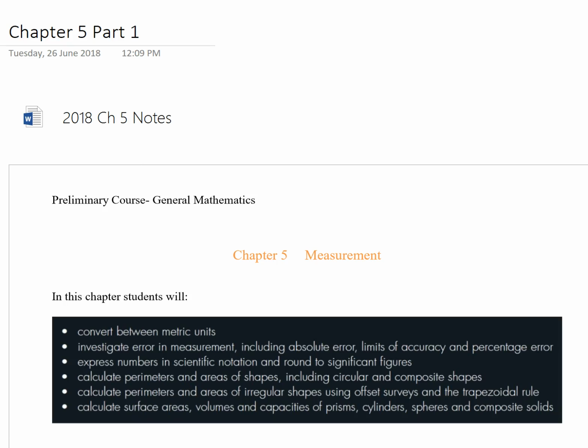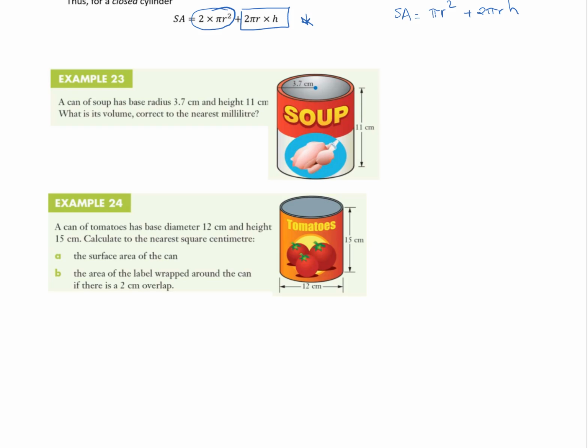So let's have a look at example 23, where it's given you the diagram, which is always nice. Just be mindful that if a diagram's not given, then you should be drawing one. It says a can of soup has base radius 3.7. It's really important to note that they're giving you the radius, and the formula does have radius in it. Sometimes they will try to catch you out by giving you the diameter on the diagram or in the information in the question.